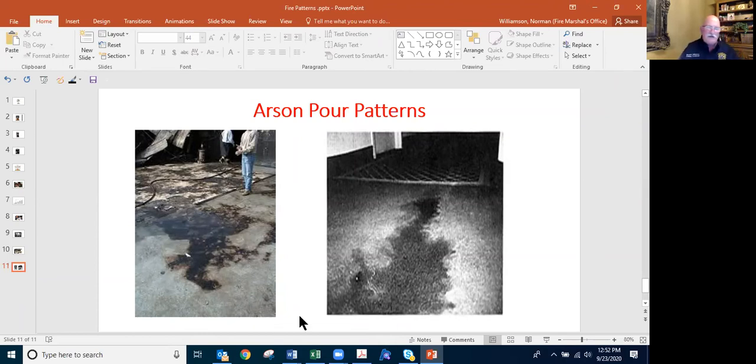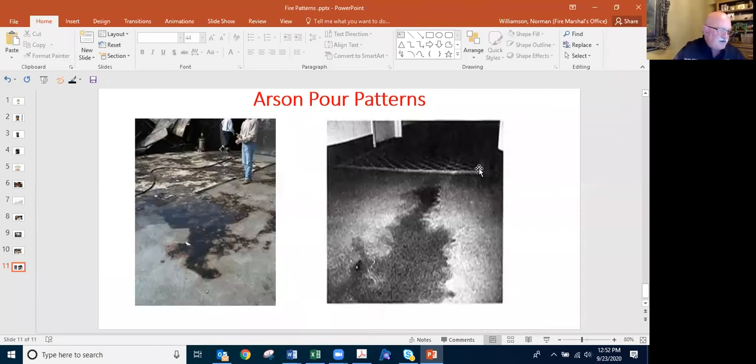But the whole idea is to recognize what a pour pattern is versus a drop down pattern. Everybody understand what I'm talking about there? Okay. So that's all I have as far as fire patterns go.